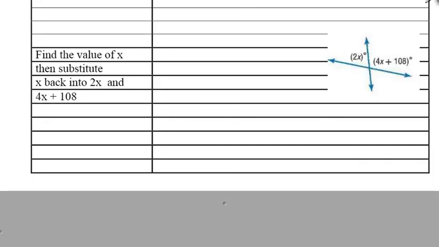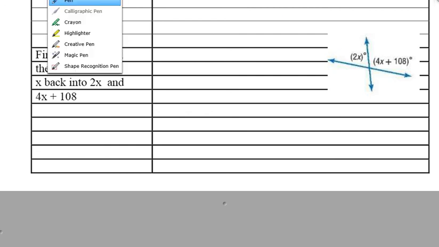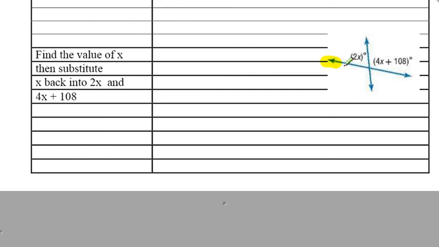All right, and the last example, we're going to find the value of x when we're given a linear pair. A linear pair is a pair of angles who form a straight line, hence the word linear, and their sum is, they are not equal to each other, they are supplementary.